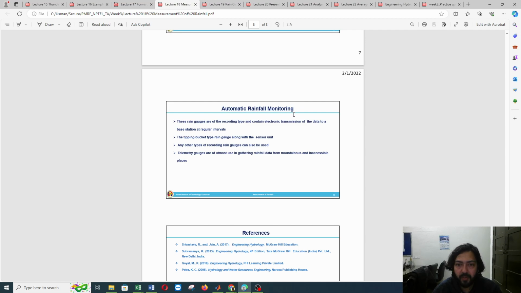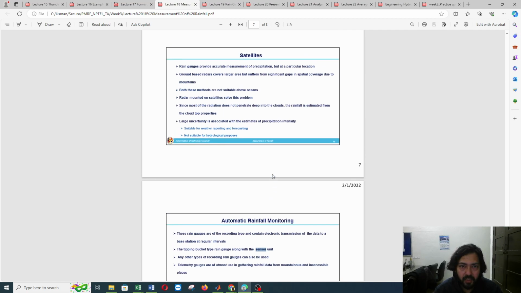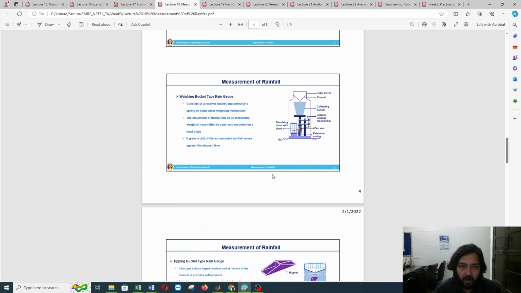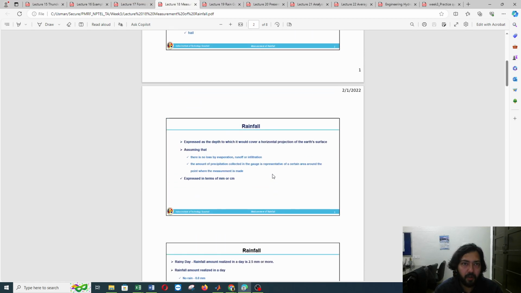What we can do is place an automatic rainfall monitoring station, or AWS, there. Using that, we don't have to travel to the site often. The tipping bucket will collect the data and the sensor will transmit the data set to our station. So these are different ways of how we can measure the rainfall.